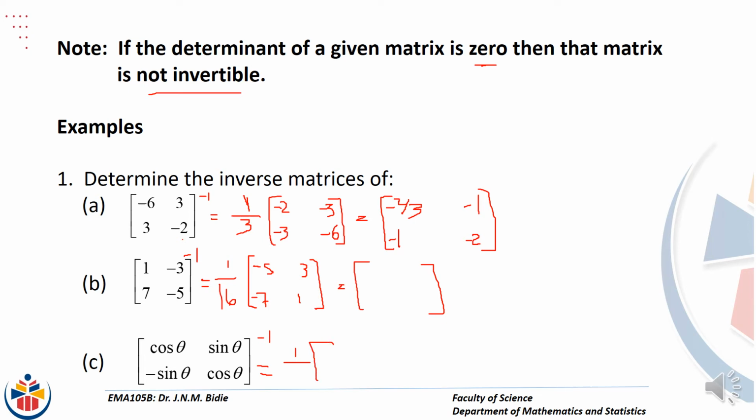We go to C, do the same. Cos squared plus sine squared gives us 1 according to trigonometry.